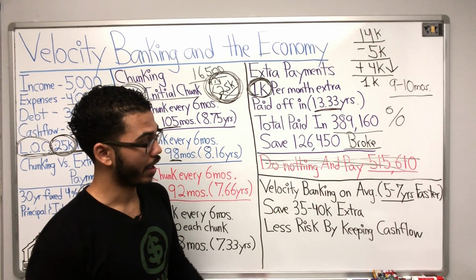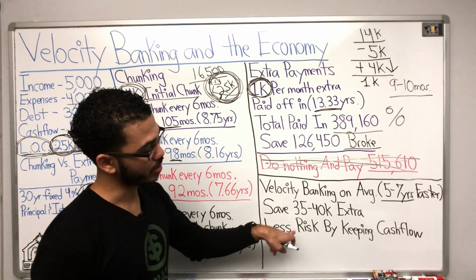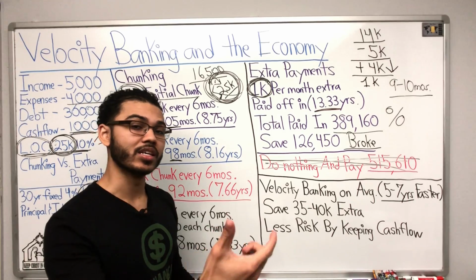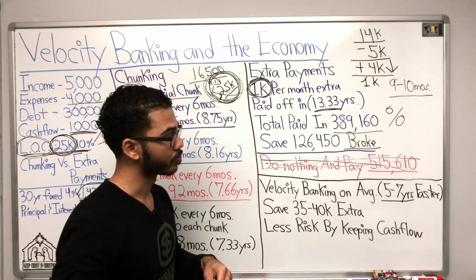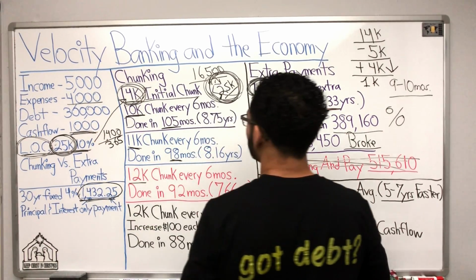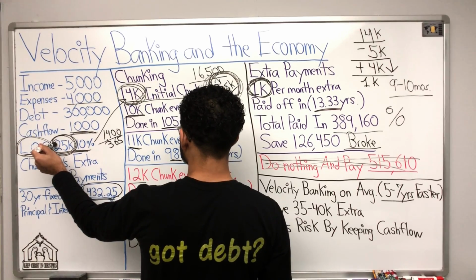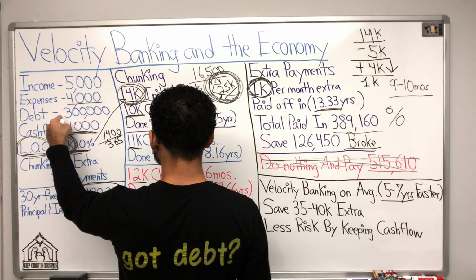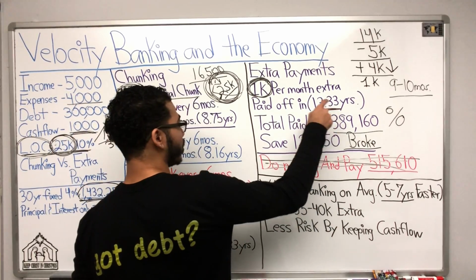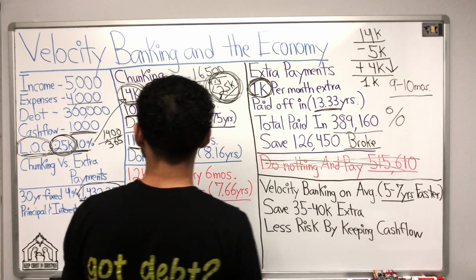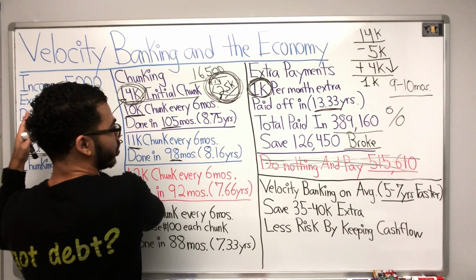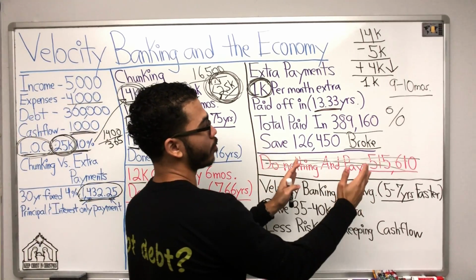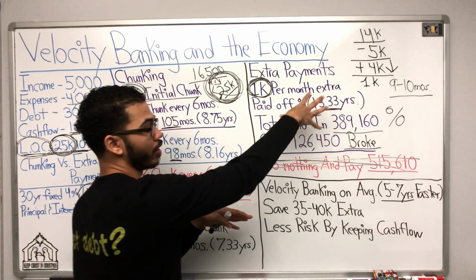And when doing velocity banking, it's less risk by keeping the cash flow. Remember, at the end of the day, we'll always have this line of credit. And we'll have equity a lot faster than that guy or gal. So we keep our cash flow because of how much faster we went than them.